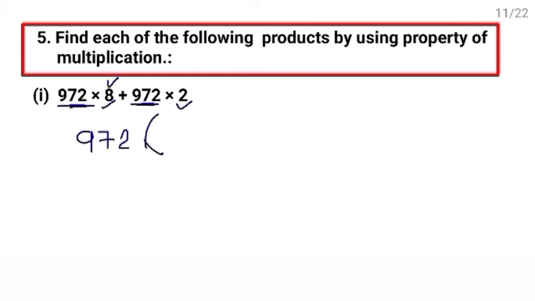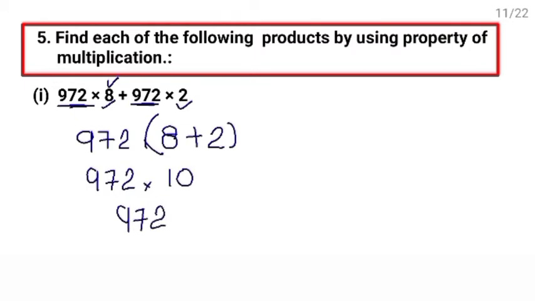Now in the bracket what do we have? 8 plus 2. Clear? Now 972 multiply 8 plus 2, which is 10. So 972 ones are 972 and then put 1 zero. This is your answer. Right?